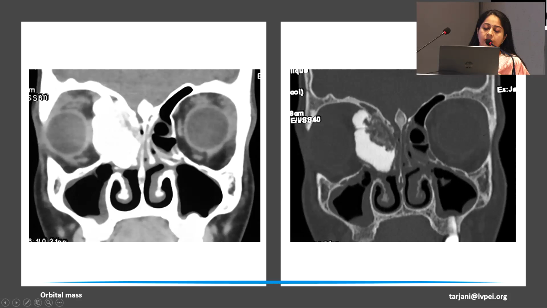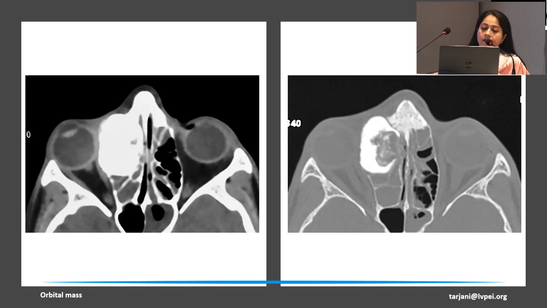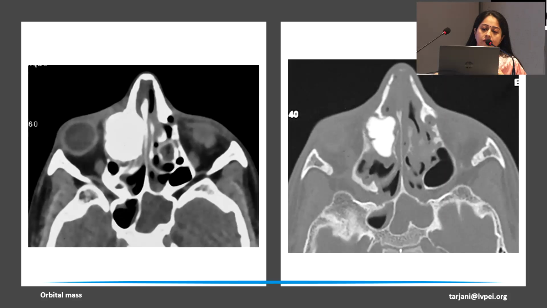One part of the lesion is continuous with the fovea ethmoidalis, very close to the skull base. This extended posteriorly until the mid-ethmoids, and since it was abutting the eyeball, that is what was producing the lateral globe dystopia in this patient.